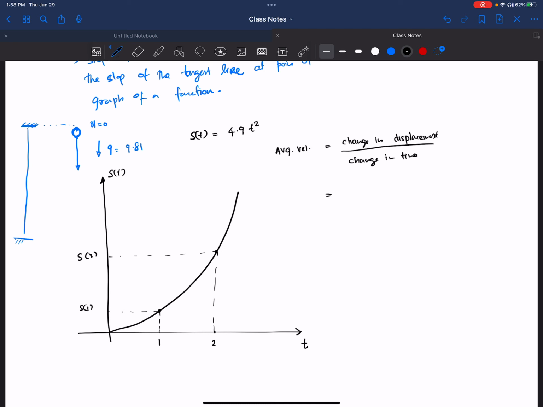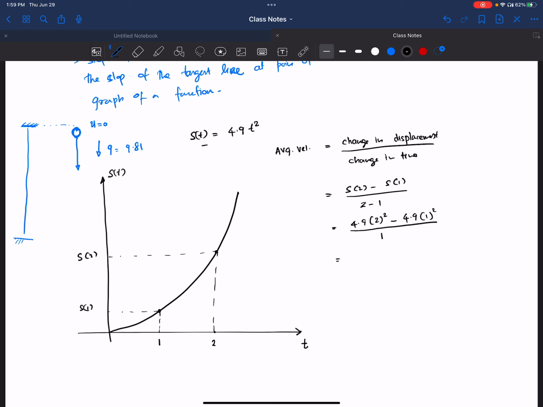So if I write change in displacement, s of 2 minus s of 1, divided by 2 minus 1, s of 2 is 4.9 times 2 squared, because according to this function, right here, this is this, minus 4.9 times 1 squared, and divided by 1, right?